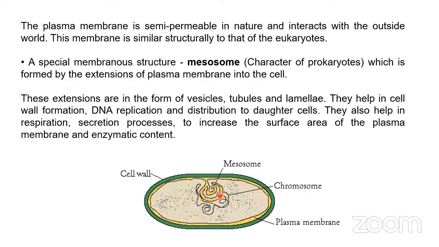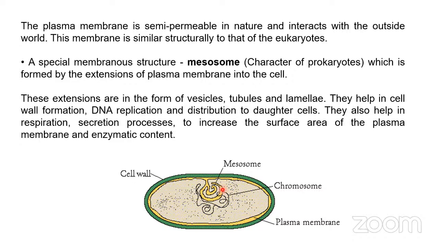Special membranous structures called mesosomes, which are characteristic of prokaryotes, are formed by the extension of the plasma membrane into the cells. These extensions can be in the form of vesicles, tubules, or lamellae, depending on the shape with which they are forming.